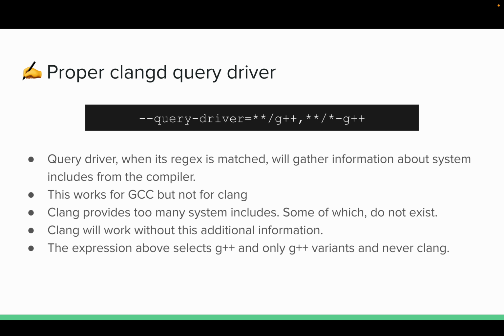In order for Clang to work though, allowing it to do that sort of introspection ends up resulting in some issues. Specifically, Clang for some reason on Mac provides way too many system includes. It says, here are paths that are places we may look for includes, and ClangD will assume that they're all actual paths that do exist and that it will look for stuff in, and then it'll fail because it finds out that the path doesn't actually exist.